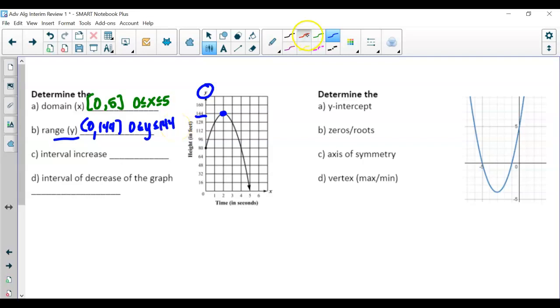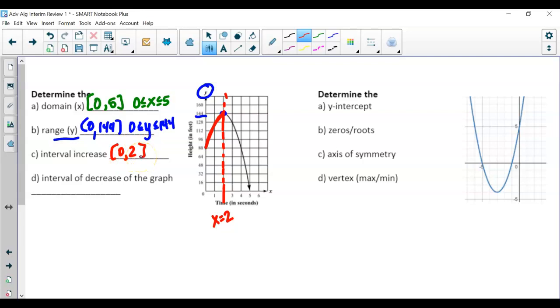Then the interval of increase. Again, this was something that people were mixing up as well. The graph is increasing on this section up to our vertex at 144. And if you think about it, the axis of symmetry is what cuts this off, at x is equal to 2, which means the interval of increase is just from 0 to 2.